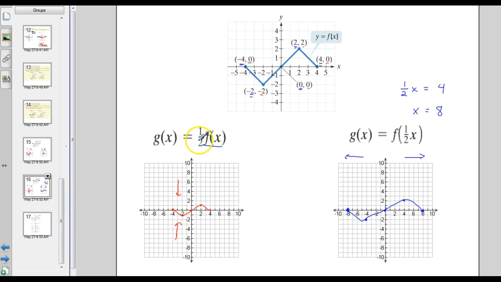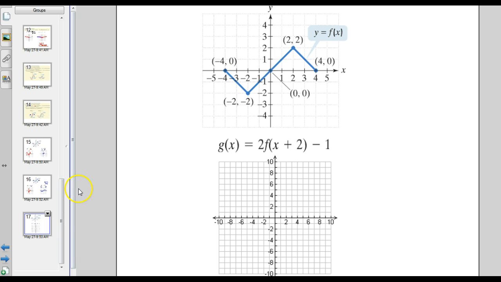Alright, so remember, out of the parentheses is up and down, vertical. Inside the parentheses is left and right, horizontal. Alright, let's do one last one. So same function, f of x plus 2, then doubled, then -1. We've got to do the order of operations on this. So plus 2, that's going to be 2 to the left.